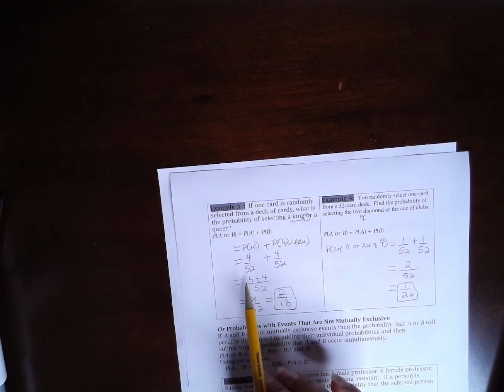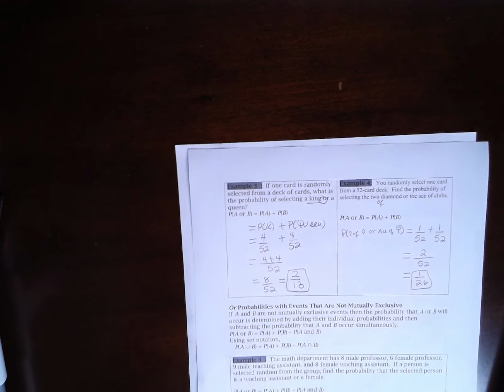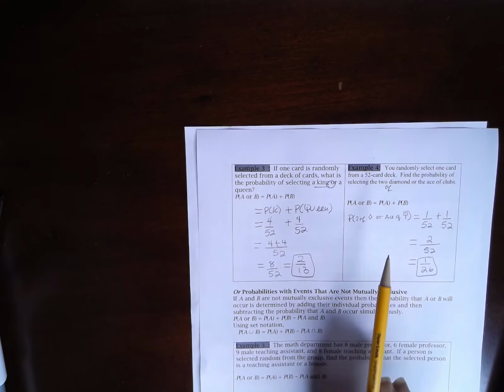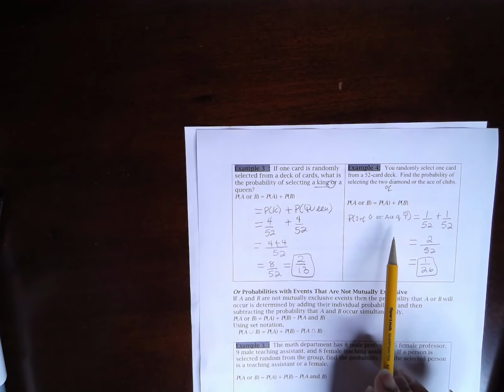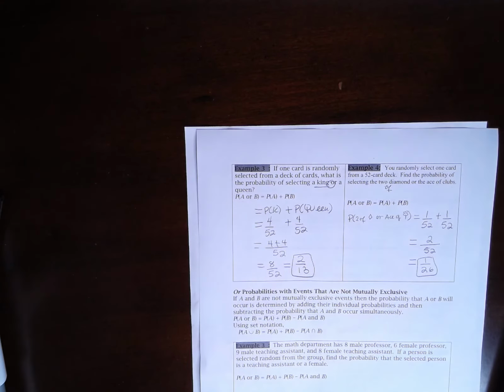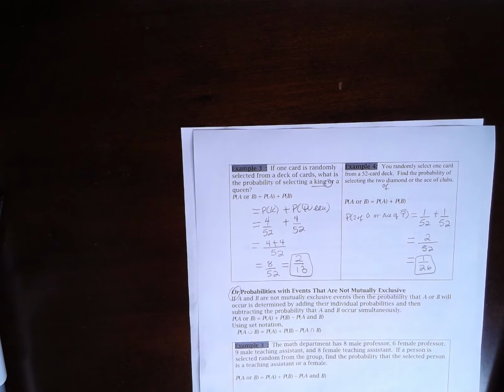So those examples 3 and 4 are examples of questions that are mutually exclusive. So what that means is that they do not occur together. You don't have a card that is a 2 of diamonds and an ace of clubs at the same time. It's only one of each. So now in the next examples, we're going to work with the ones that are not mutually exclusive.